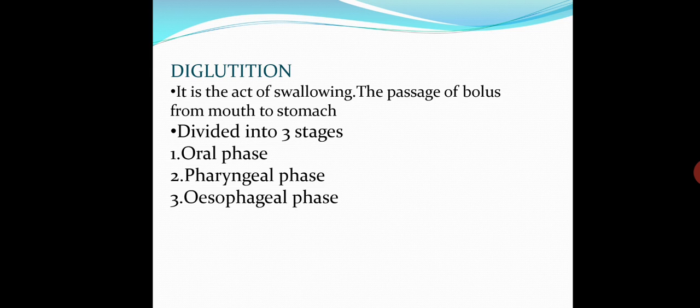The food that is crushed and made smooth in the mouth with the help of salivary glands will be propelled into the next part of the digestive tract, or gastrointestinal tract. This is deglutition.